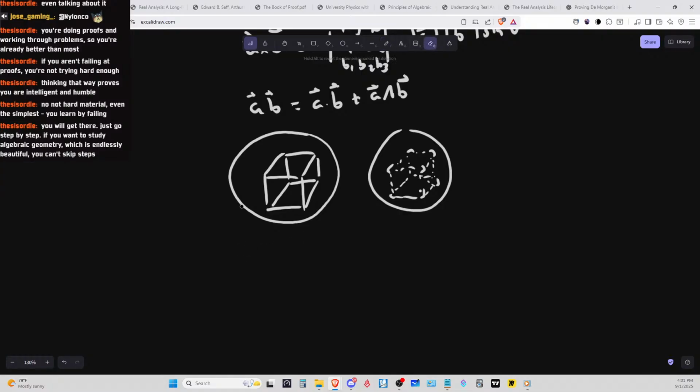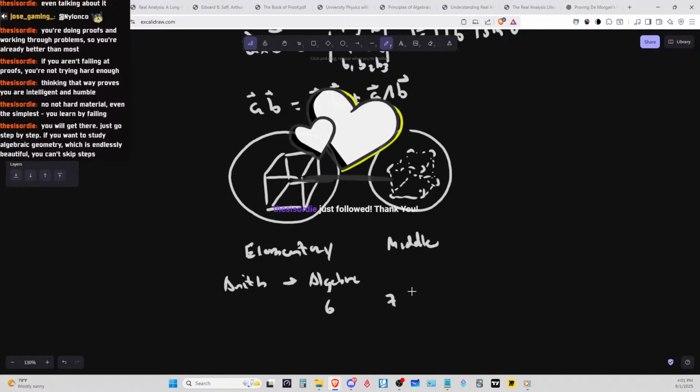I would think elementary school, arithmetic, and then you go into algebra, maybe during 6th grade, year 6, and then in middle school, 7th grade to 9th grade.